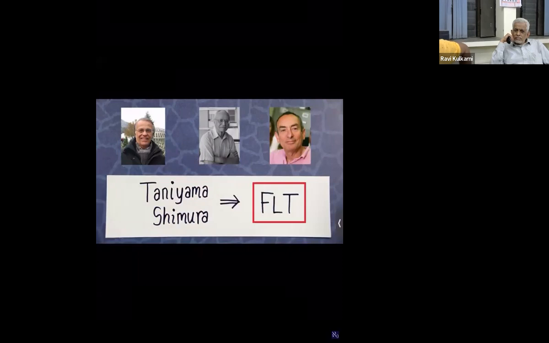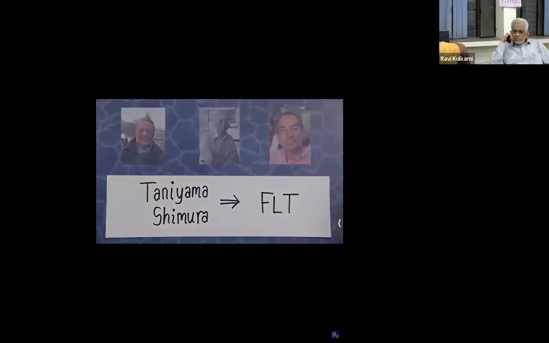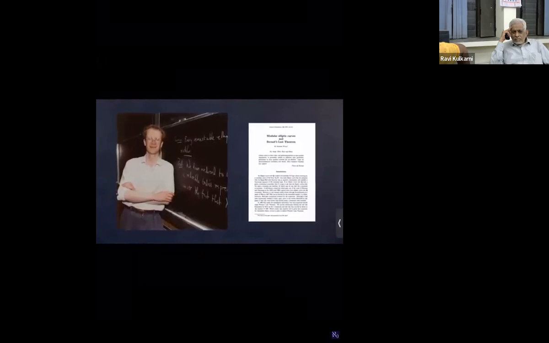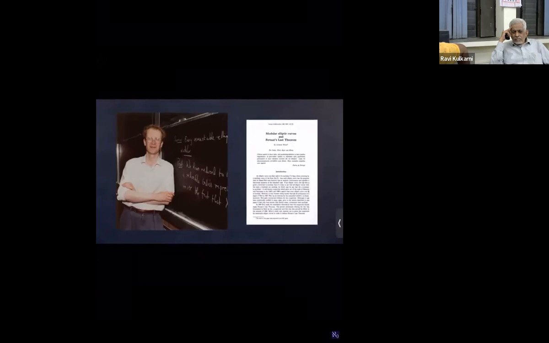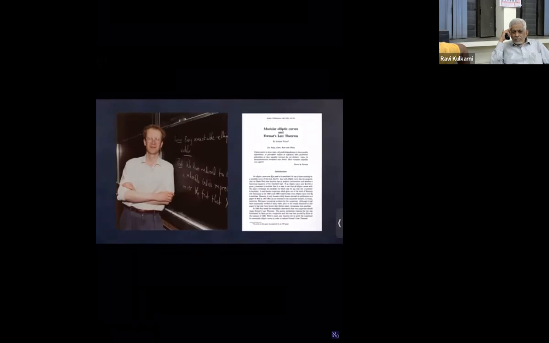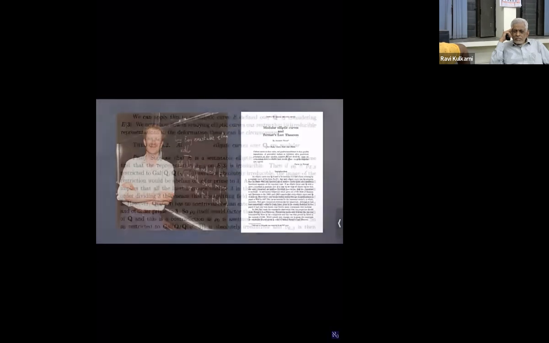There was a joke at the time that this was reducing one impossible problem to another equally impossible problem. But unbeknownst to the rest of the math world, somebody had been working in secret to prove the Taniyama-Shimura conjecture for 7 years, and in September 1994, Andrew Wiles announced that he could prove enough of the Taniyama-Shimura conjecture that Fermat's last theorem would then follow.